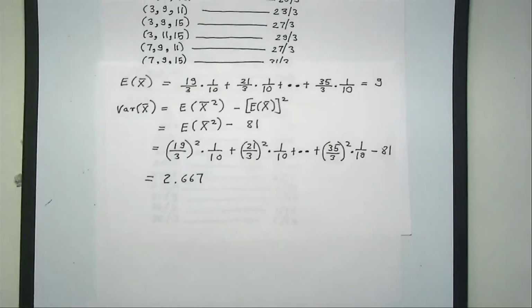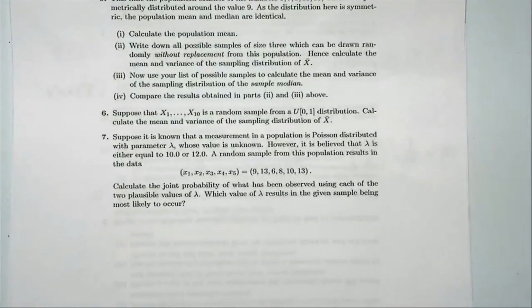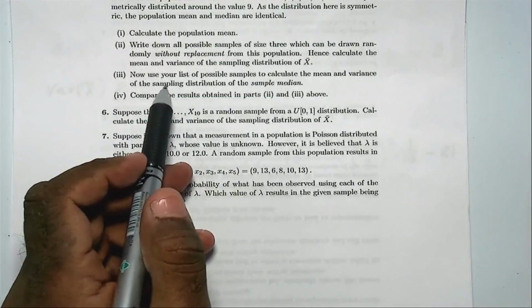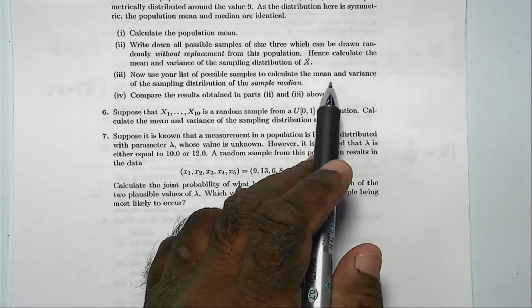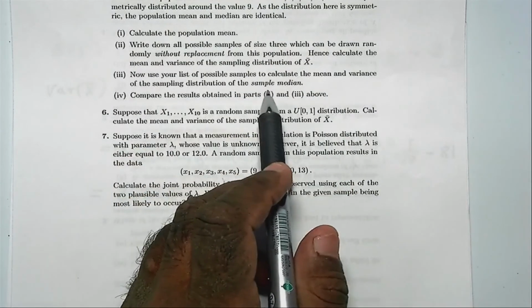We are still in question 5, so let's go back to question 5. So this is where we are. All right, so we've done part 1 and 2. Part 3. Now use your list of possible samples to calculate the mean and variance of the sampling distribution of the sample median.